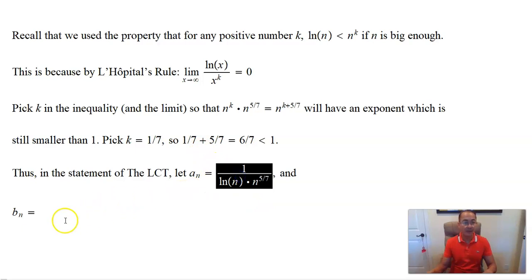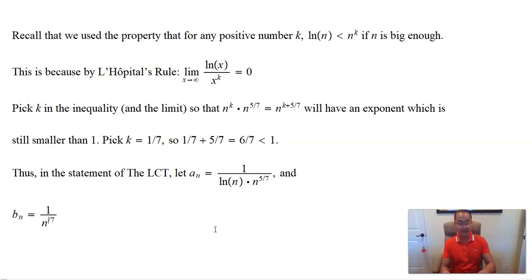So we replaced ln of n with n to the 1 over 7, and we simplify it to n to the 6 over 7. All right, excellent. So now we need to take a limit.